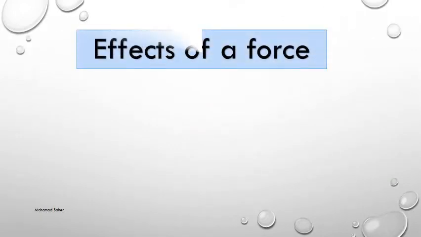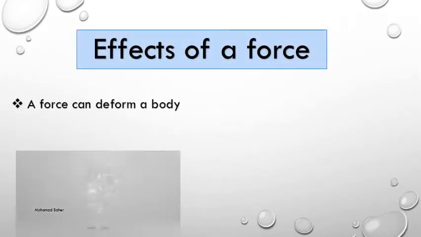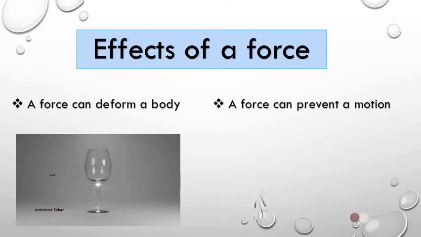The second objective for this lesson is to know the effects of a force. We must conclude the effects of each force from these two figures. In figure 1, there is a bullet hitting the glass, so the glass is broken.